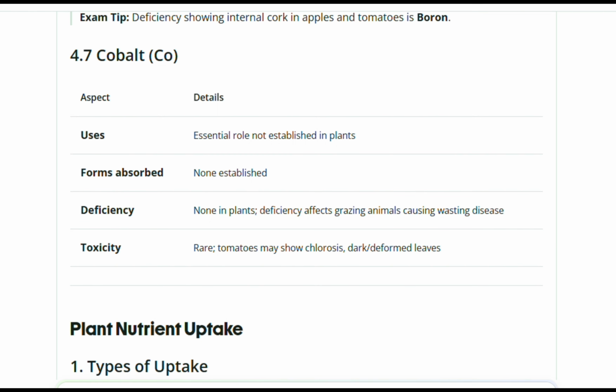Deficiency: none in plants. Deficiency affects grazing animals, causing wasting disease. Grazing animals are animals like cattle. They eat grass, and that will cause wasting disease.